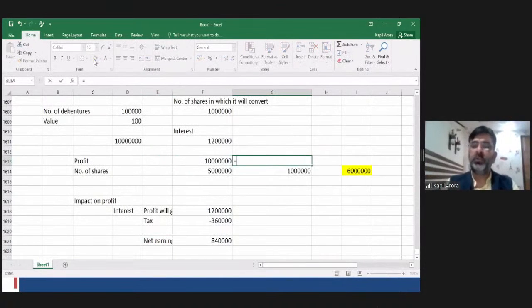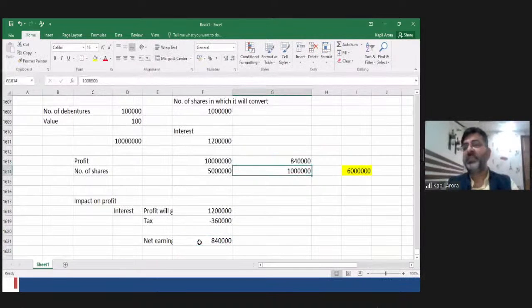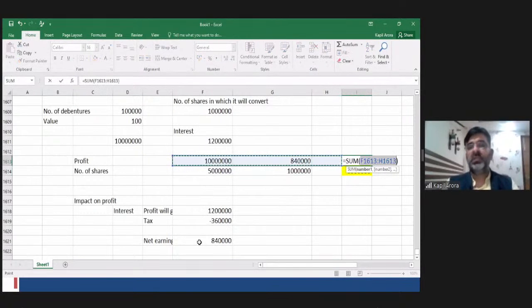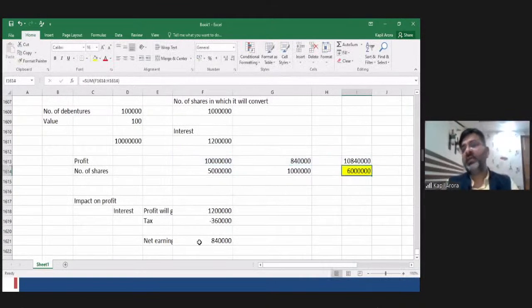So it is going to increase my profitability by 8,40,000, whereas the number of shares is increasing by 10 lakh. So my total profit will become 1 crore plus 8,40,000, that is 1 crore 8,40,000, and the number of shares would become 60 lakh.